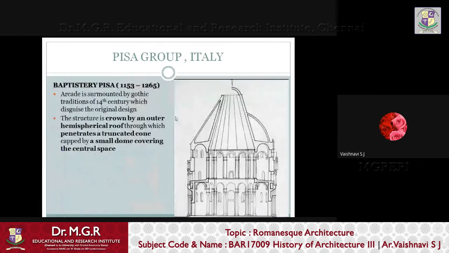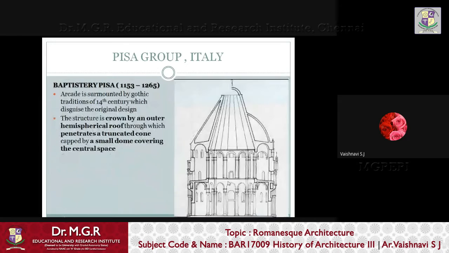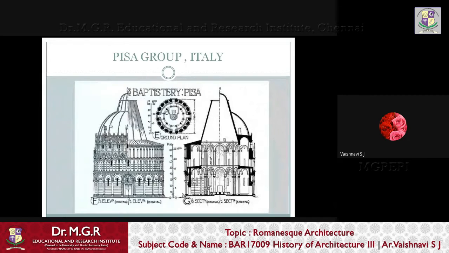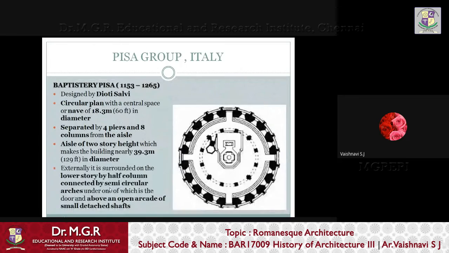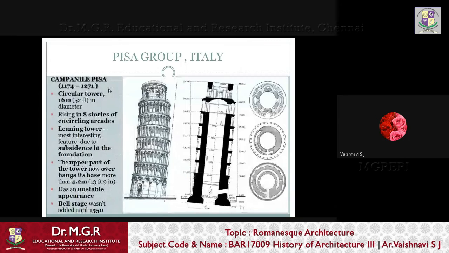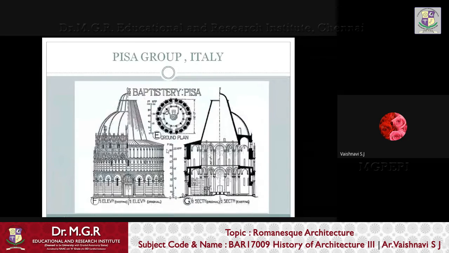So they have explained about the leaning tower of Pisa in a detailed manner, and then we saw about this baptistry where they have changed the structure. They constructed the structure earlier and later they changed a few things in the baptistry, and the dome was also changed.